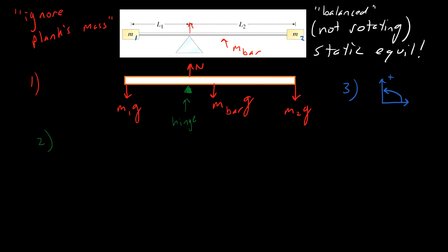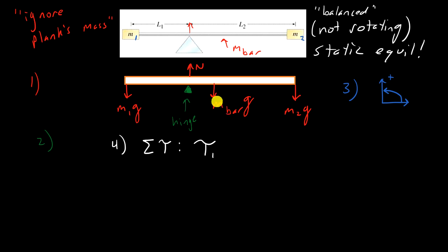All right. Step 4, let's write the sum of the forces and the sum of the torques. Let's start with the sum of the torques. First, this mass 1 is exerting a torque, torque from 1. That torque is going to make it go counterclockwise, so I'll have that as positive.